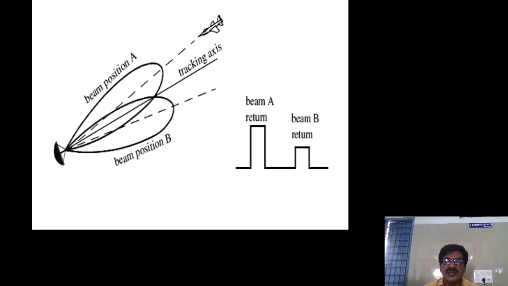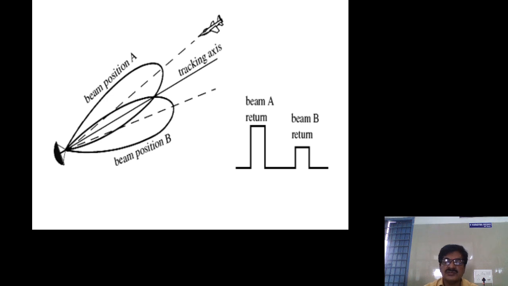If you want to cover another coordinate system also, instead of 2 positions you have to take 4 positions. In this case, if you place the radar beams on the right-hand side and left-hand side of the target, we can know only that information.